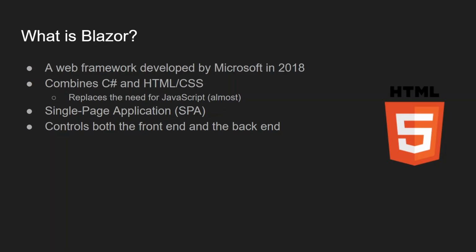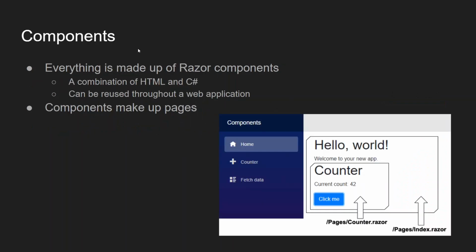Blazor apps wouldn't show up as high in search engines, but there are ways around that. I haven't had to worry about that personally, but there are workarounds. And then Blazor controls both the front end and the back end, which is exciting, and it's all C# and HTML, of course.